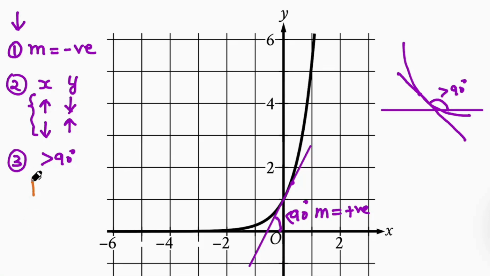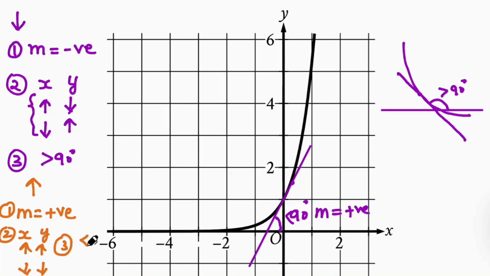And now if I come to an increasing function, in that case, the slope is always positive, as in this case. And in terms of coordinates, if x is increasing, y is also increasing. And if x is decreasing, y is also decreasing. That means either both are increasing or both are decreasing. If you draw them on the graph, the third case is satisfied, that in this case theta will be less than 90 degrees.